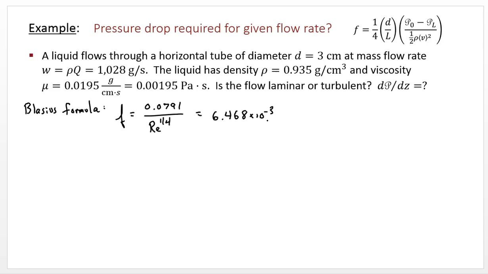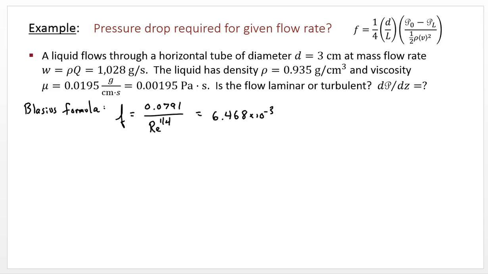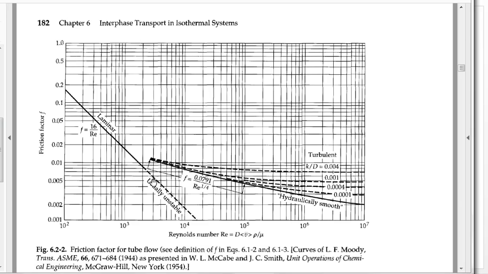We could also say, well, our Reynolds number is 2.2 times 10 to the 4. So we can look at this plot. We have 10 to the 4, we have 2.2 times 10 to the 4 gives us right here. So if we go over here, we can estimate it would be approximately 0.0064 or 0.0065.